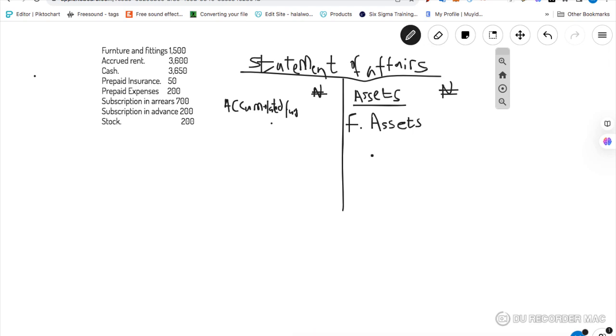So we have furniture and fittings. Let me just put it as F and F. So furniture and fittings, we have 1,500.